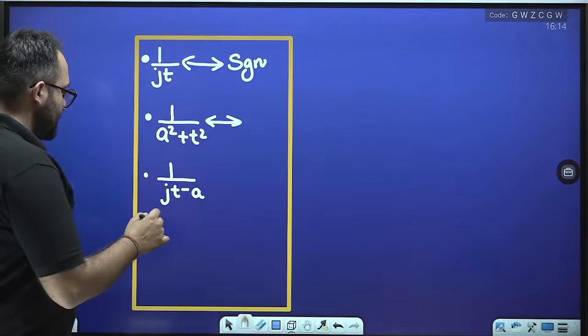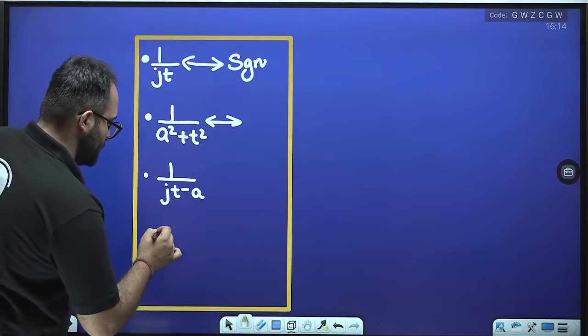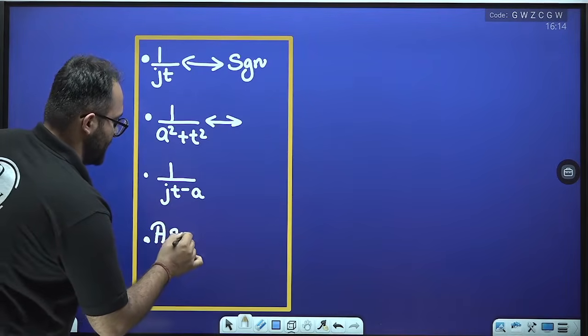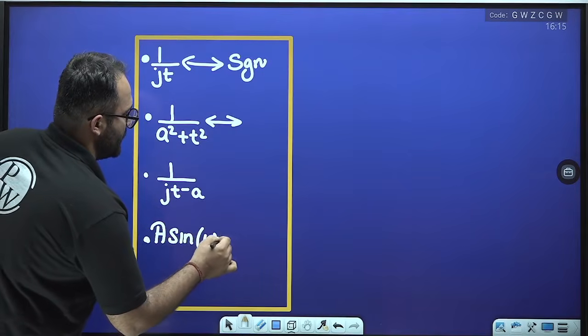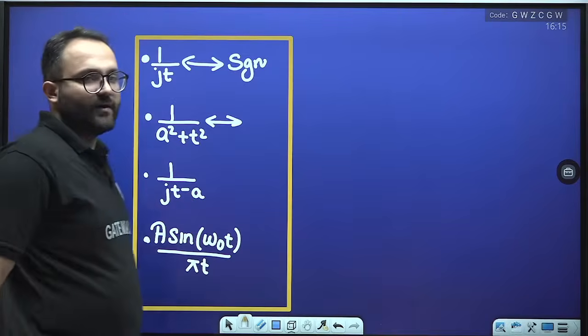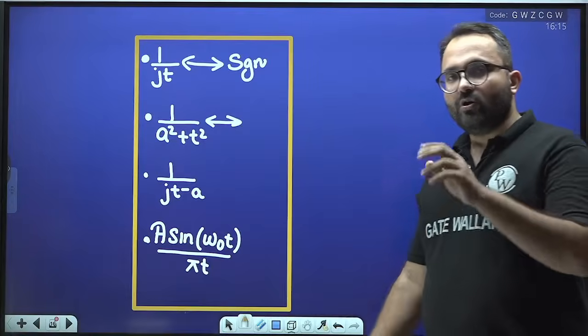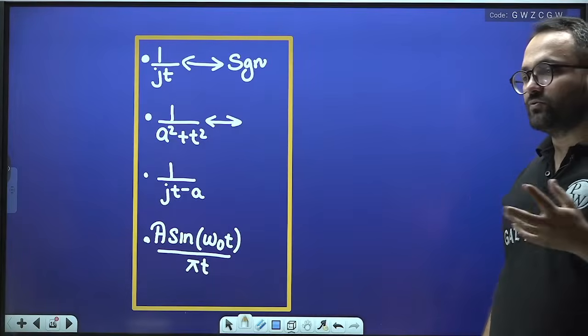Next, this one, a sine of omega naught t divided by pi t. This also has duality. So whenever you see these kind of time domain signals, always recall that this is related to duality.